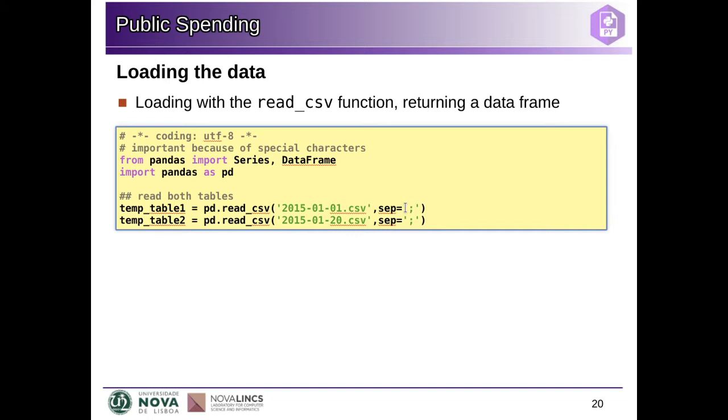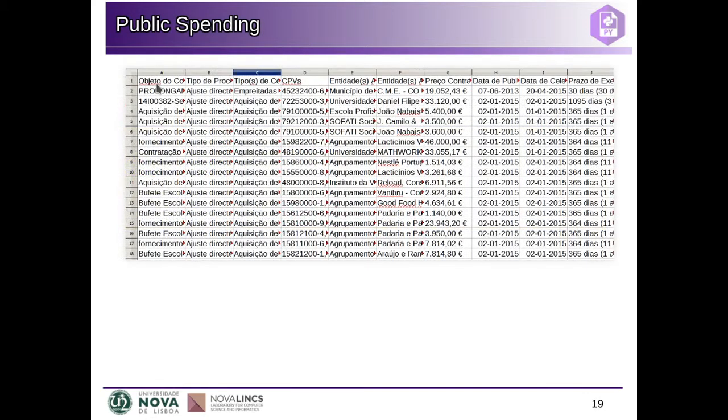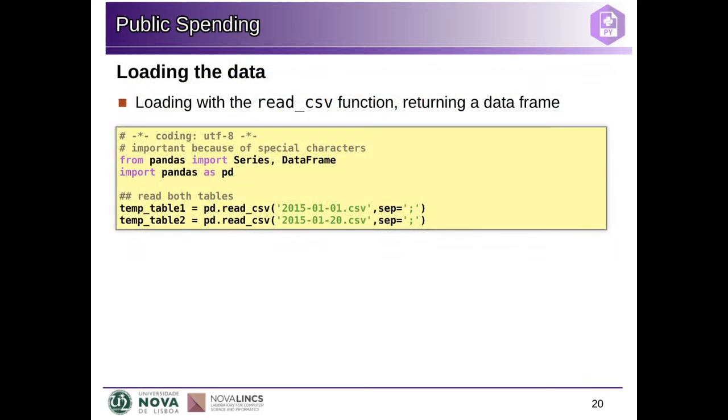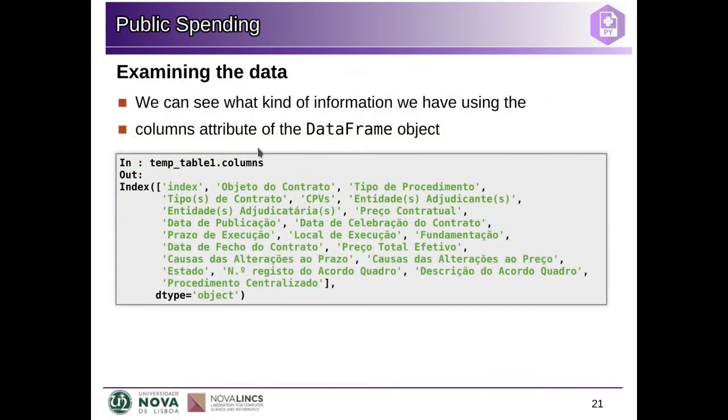The tricky thing is that you need to really have tables, one large table in your data. If you have several different tables separately, then it becomes trickier to use pandas with that. But in this case, each file was just one table, so we load it, and pandas automatically identifies the column names in the first row and creates an index and so forth. So this is what we can see here.